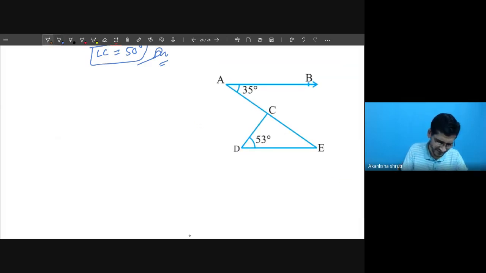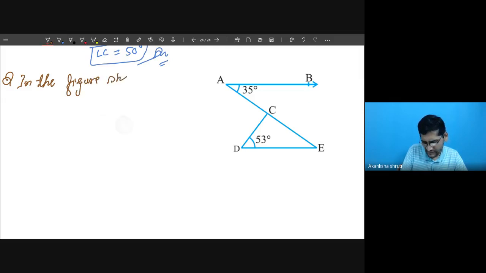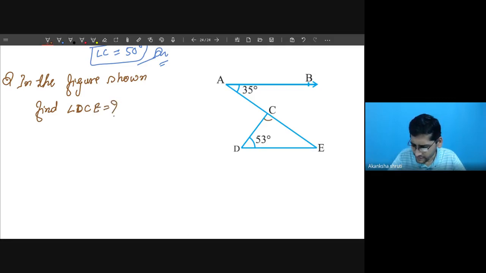So right, in the figure shown, you have to find angle C, means angle DCE. This is one of the angles that you have to find. What is this angle?